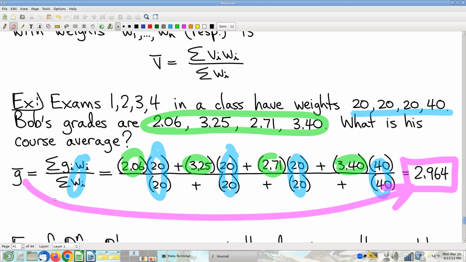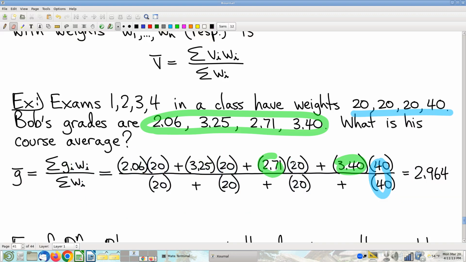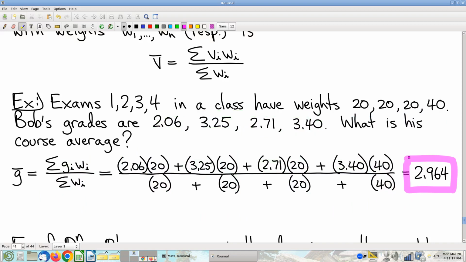Now, just real quick about our course. There's also the question of, okay, yeah, but this isn't exactly a 3, and it's also not exactly a 2.7. It's not exactly any of the standard grades. So how do you turn this decimal into an actual letter grade? In our course, that's done with bins.